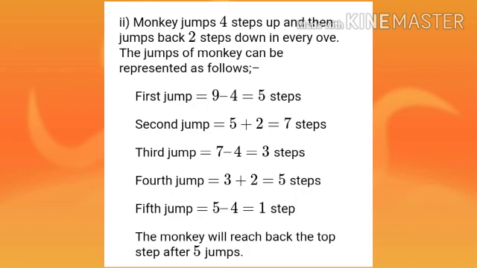Then on the third jump, he reaches the 3rd step, and on the 4th jump, he reaches the 5th step. Then finally, on the 5th jump, he reaches the 1st step. Therefore, the monkey will reach back the top step after 5 jumps.